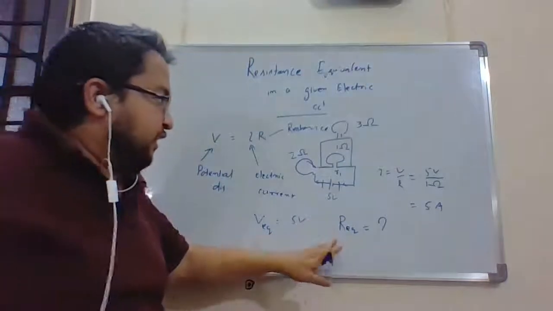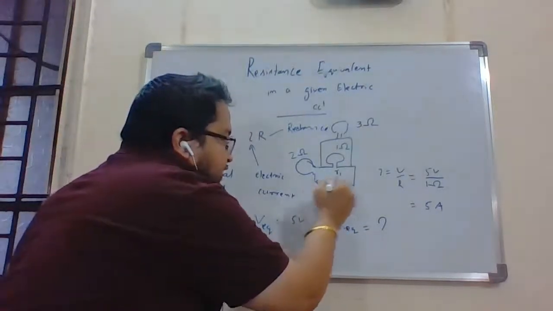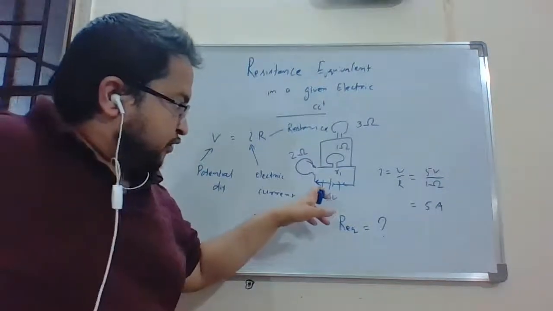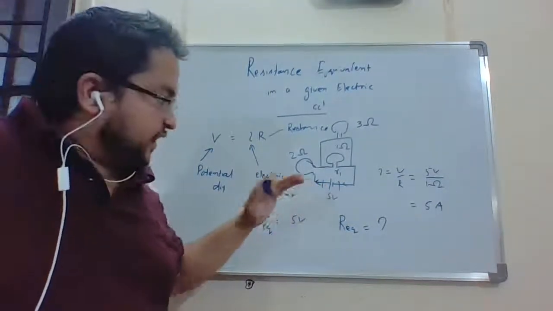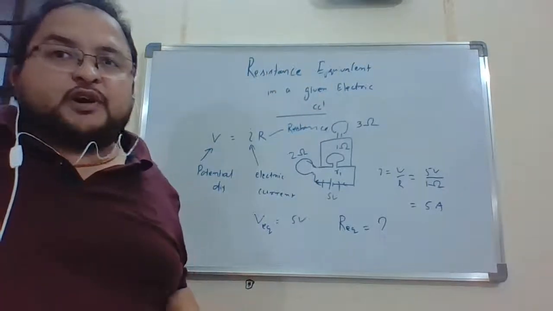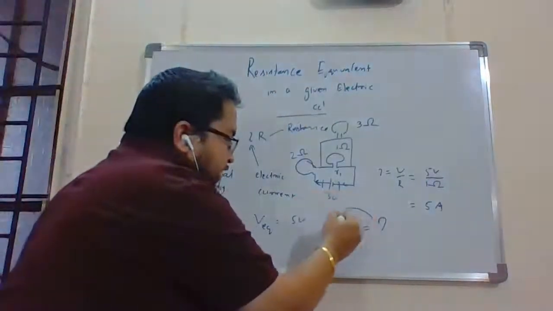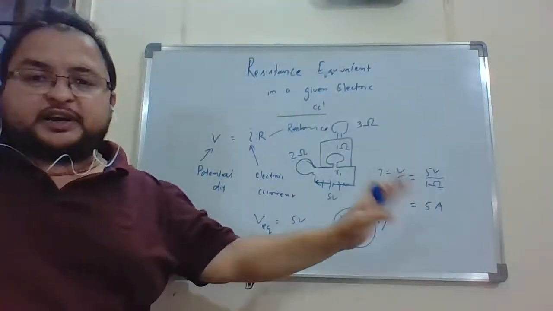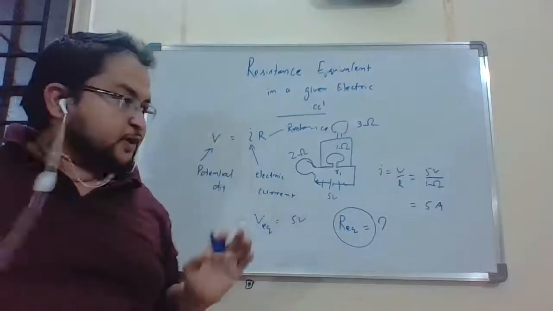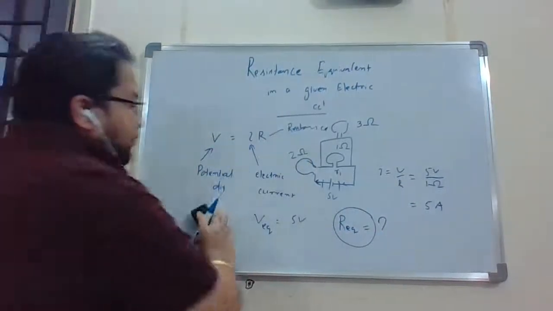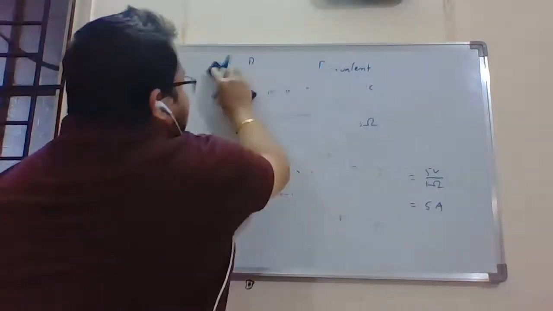If we can find it out, for sure we can find out what current is flowing at the start of this cell. In all the problems that we will be solving today, we would be trying to find out the R equivalent in different cases or scenarios. Okay, now let's move one step forward.